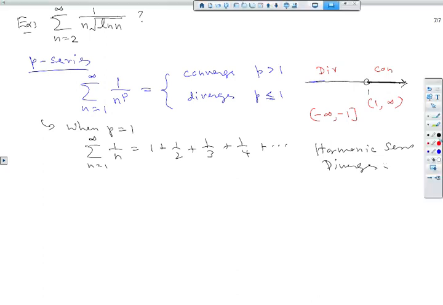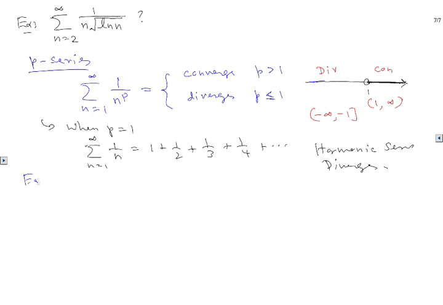Okay, let's try to do 2 quick examples. How about this one? Sigma n going from 1 to infinity of 7 over n to the 2/3. You can ignore 7 here, 7 is a number.